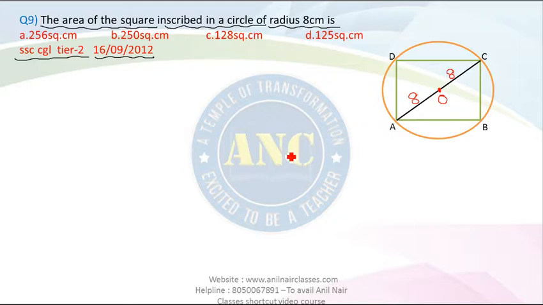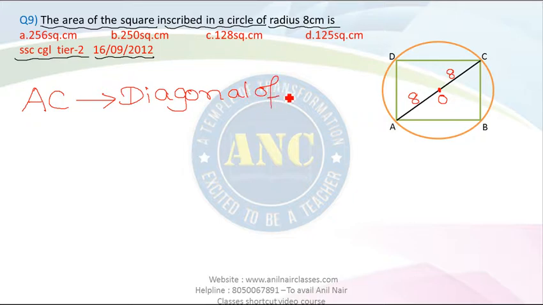And I can also say that because the square is inscribed in a circle, AC, which is nothing but the diameter of a circle, is also the diagonal of a square, right? AC is acting as a diameter. AC is also acting as a diagonal of that particular square because the square is inscribed in a circle.